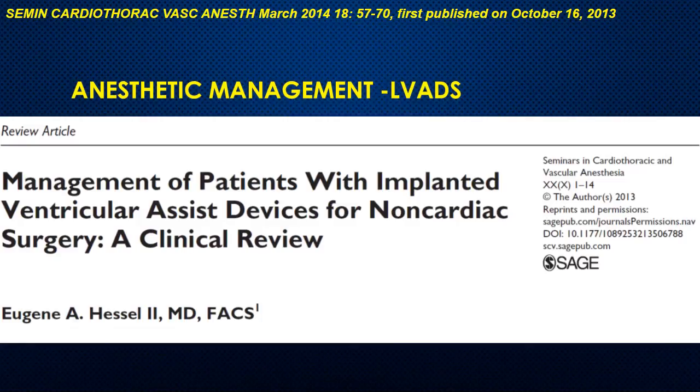Of course, in this day and age, visualizing a radial artery by ultrasound and cannulating it under direct vision and guidance is pretty routine as well.